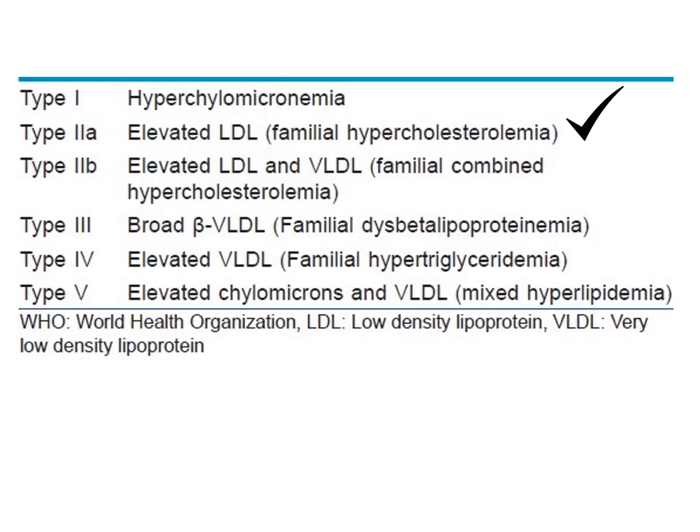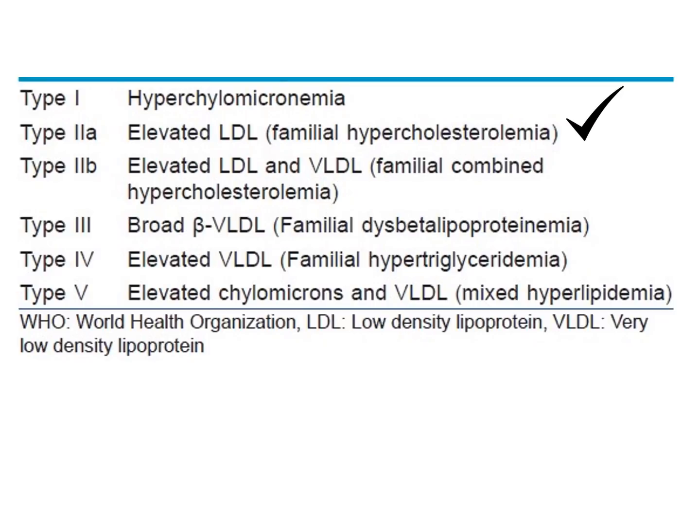Right, too much cholesterol. Now look at type 4. What's their problem? Too much cholesterol or too much triglyceride? Right, type 4, too much triglyceride. Remember, cholesterol and triglycerides are very distinctly different types of fat molecules.